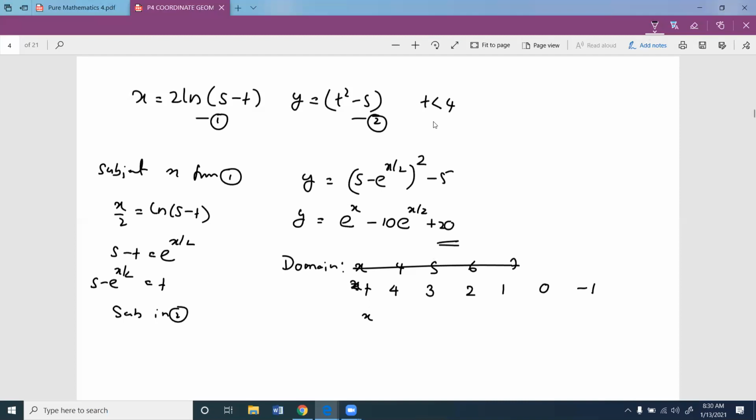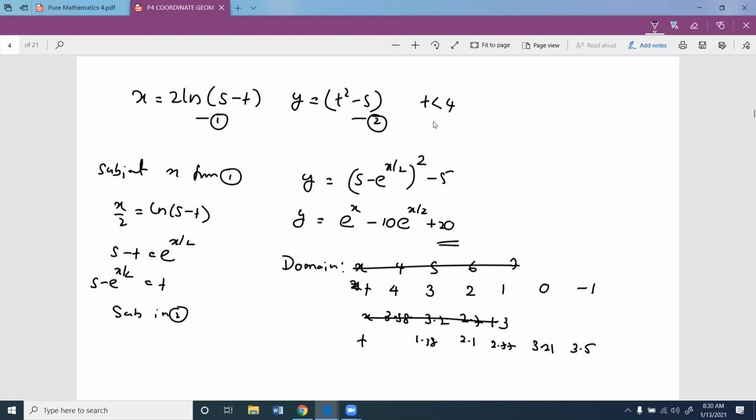So this turns out to be 3.58, 3.2, 2.7, 1.3, and, sorry, I just made a mistake. I got it the other way around. When t is minus 1, x is 3.5, and this turns out to be 3.21, 2.77, 2.1, and this is 1.38 at t equals 4.